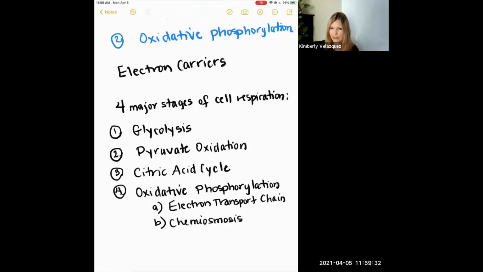There are also enzymes involved at each stage. I'm not going to ask you to know the intermediates. I'm also not going to ask you to know the enzymes, but I just want you to realize this is a very complex process, and I am just giving you the very basic version. You don't, for this 100 level class, need to know more than this. You can always plug details in later.